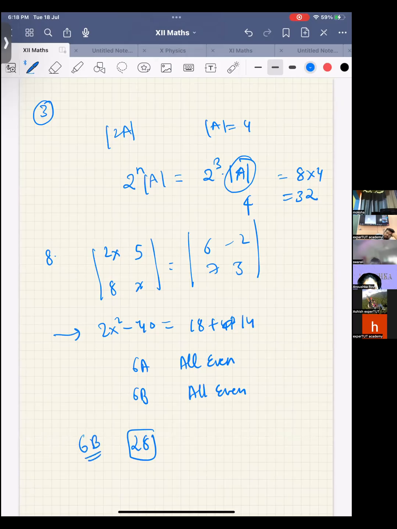Yes, 6a doesn't have 28. 6b 28, it's something like b square, c square and bc and b plus c. So 6b, it is second exercise determinant, question number 28.